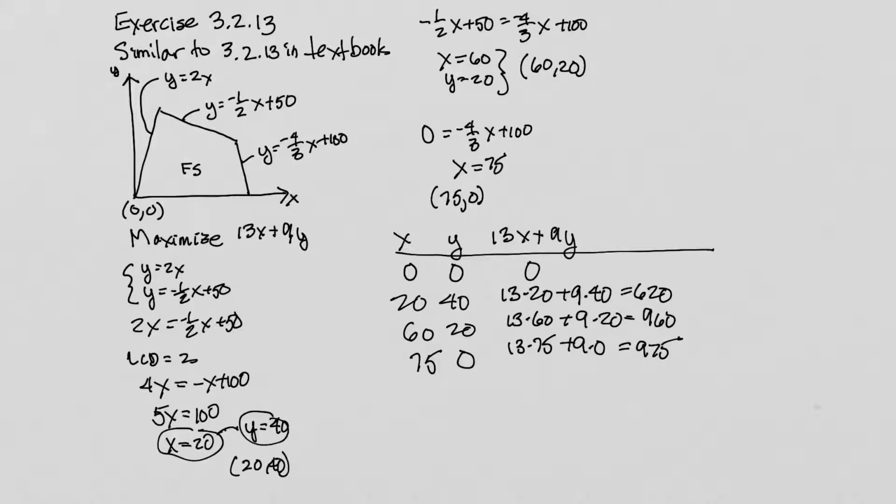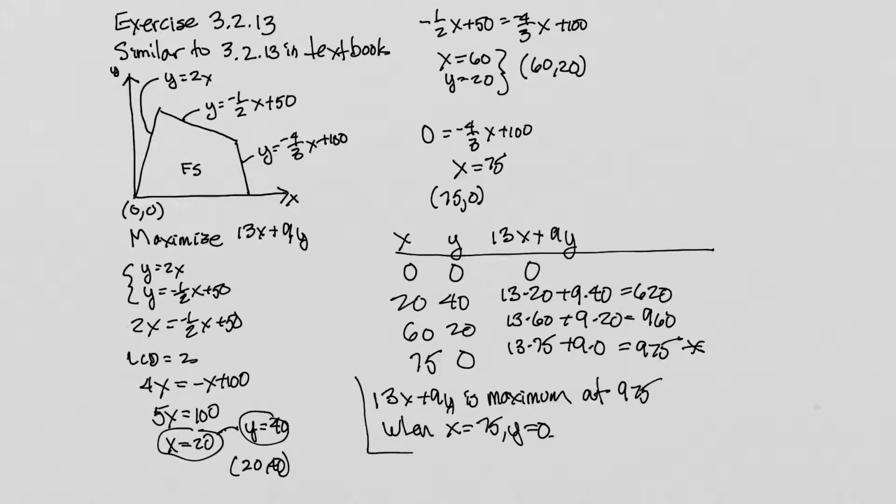So when I look back at these values here, I get 0, 620, 960, 975. This is clearly the biggest one. So now we're going to conclude that 13x plus 9y is maximum at 975 when x equals 75 and y is equal to 0.